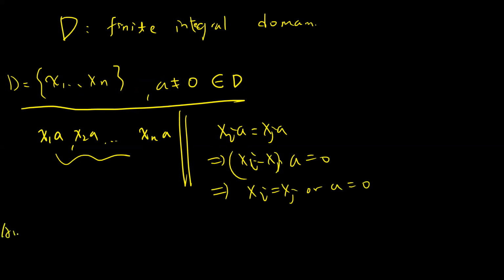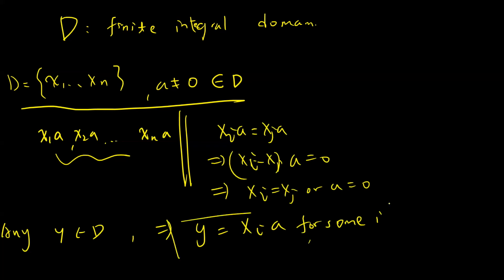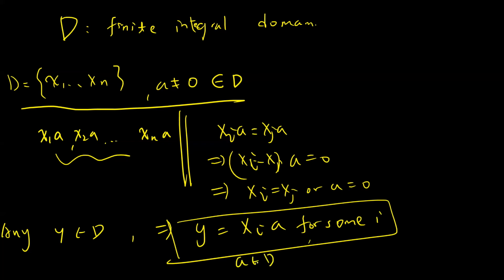Okay, so that means any y belonging to D can be written as y equals xi a for some i. Now you know that a belongs to D, right? So a must be written as xi a for some xi.